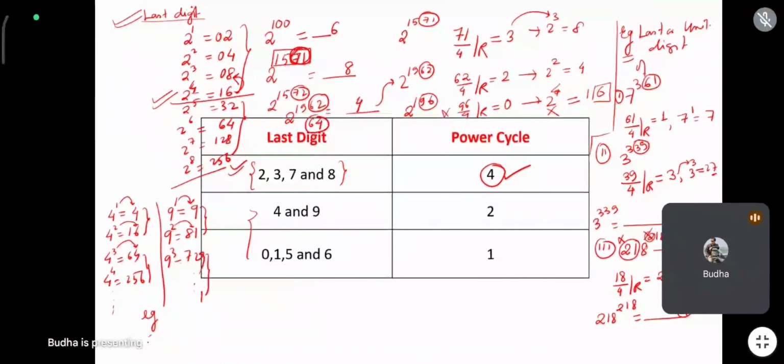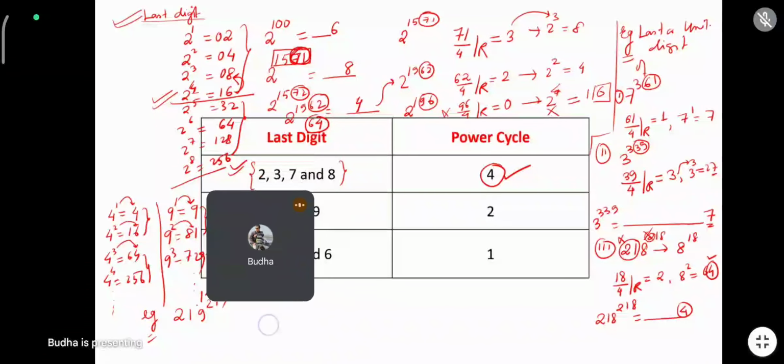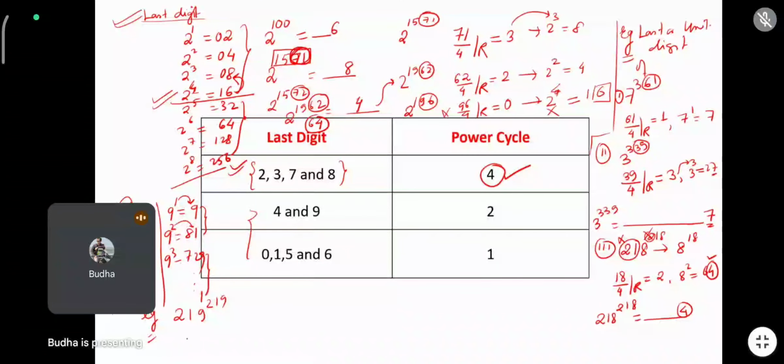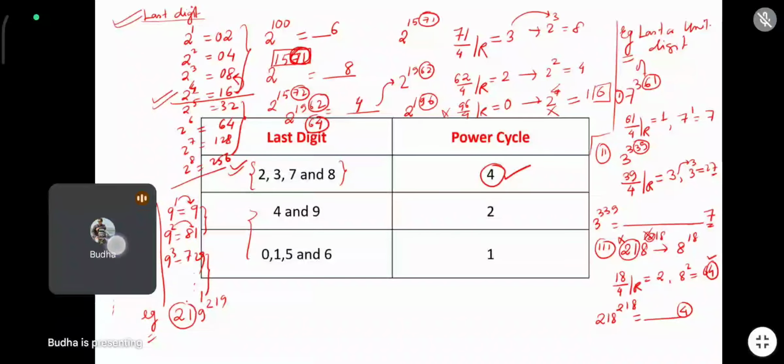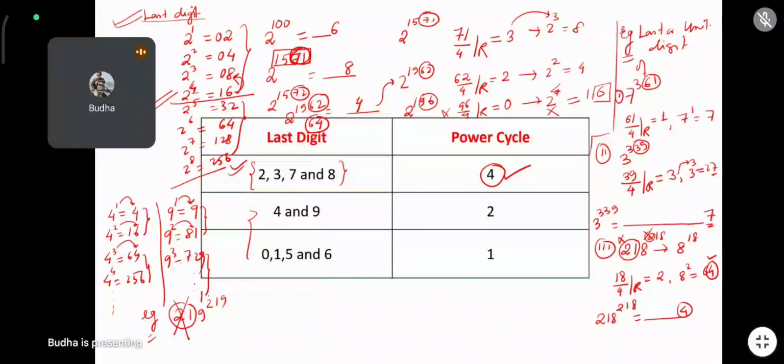Say for example, somebody is asking 219 to the power 219. Now, what will be the last digit? So I told you, this is not required, and power में वापस जैसे पहले चेक करते थे, अभी ऐसे चेक नहीं करेंगे. Is the power odd? Yes.